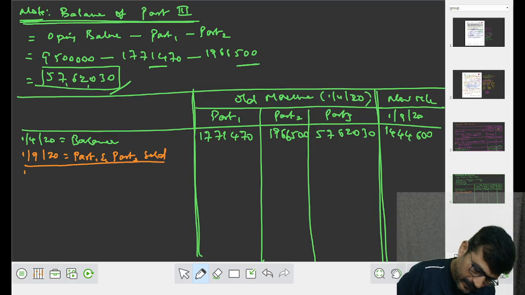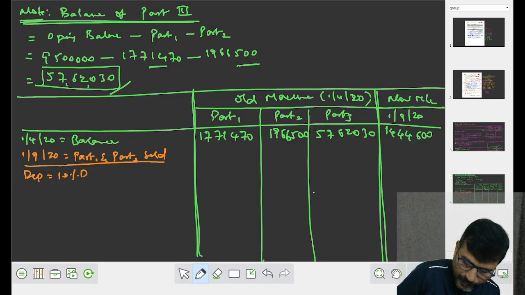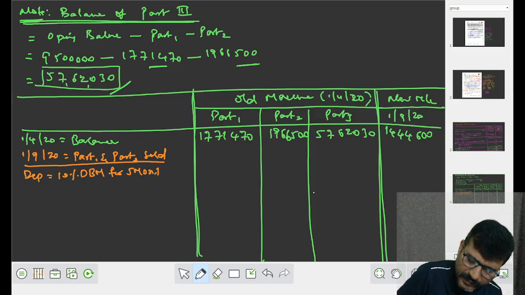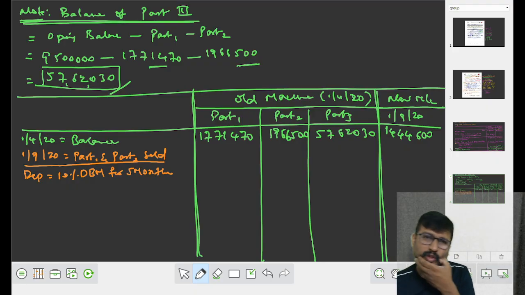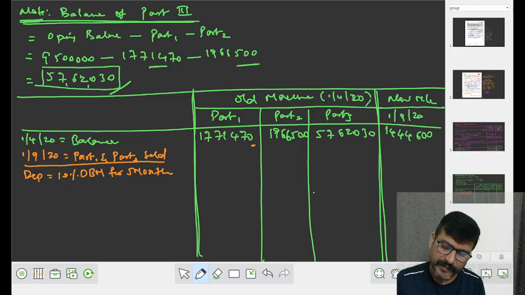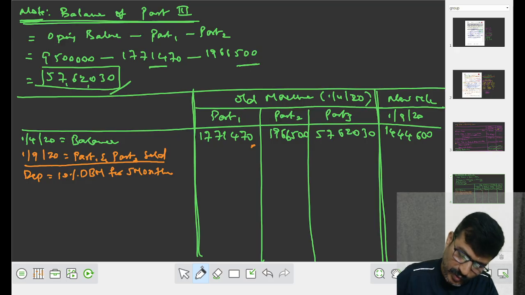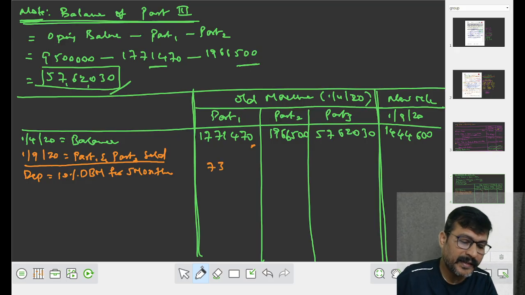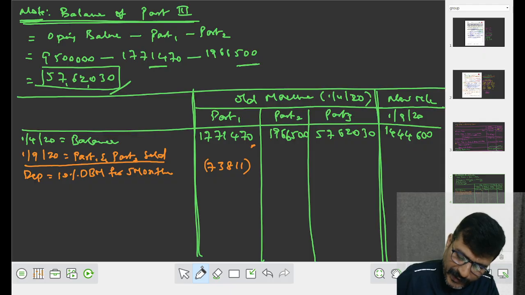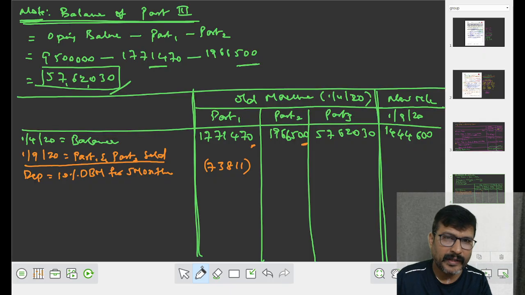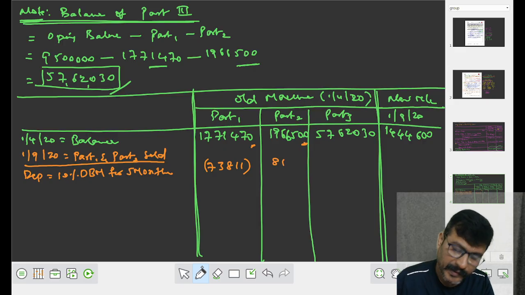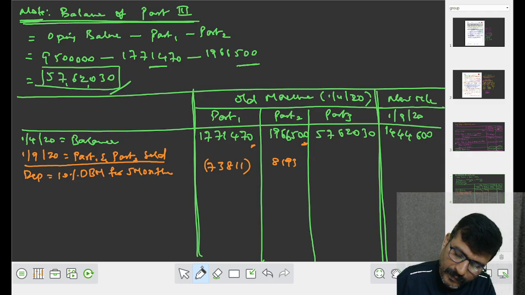So, you write depreciation 10% DBM for only 5 months on both part 1 and part 2. Take 17 lakh 71,470, 10% into 5 by 12, it comes to rupees 73,811. On this you work out another for the same 5 months, 81,938.